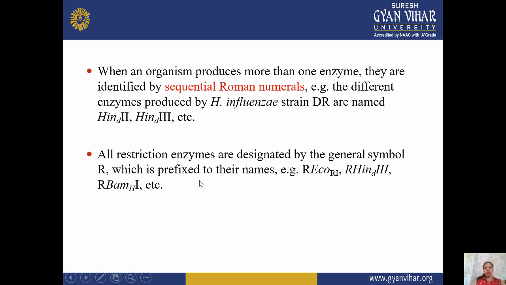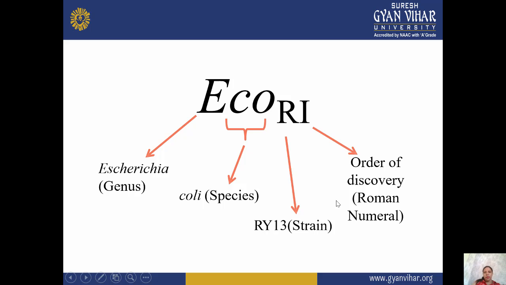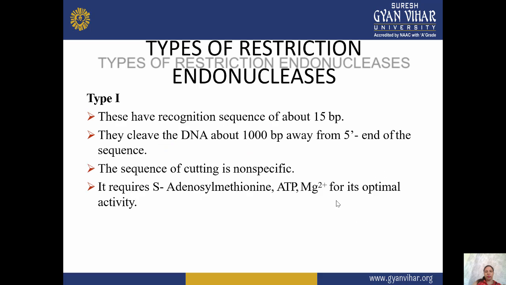Many times I ask in questions what R represents, and people confuse it with the R that is the strain name. Here you can see E for Escherichia, co for coli, R is the strain name, and the first is the order of discovery in Roman numerals. So this is a very good example of the nomenclature.